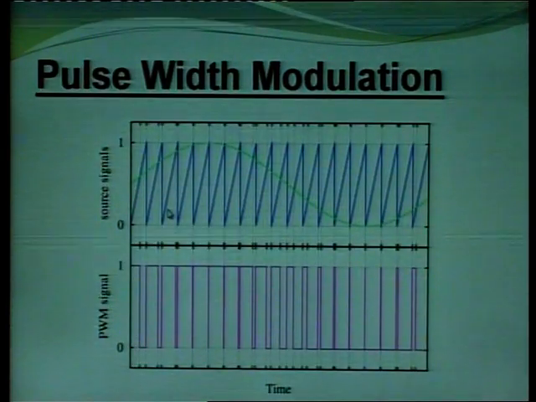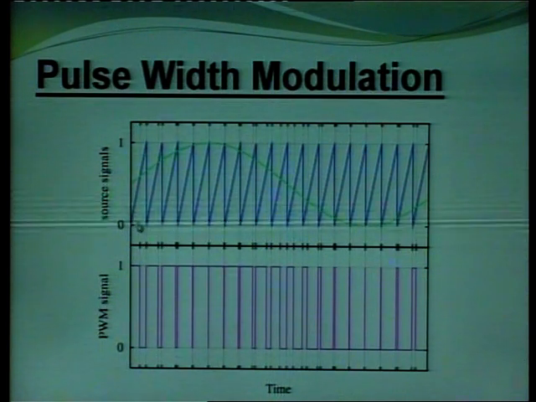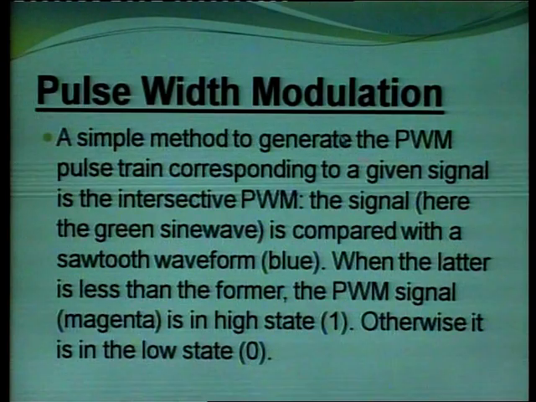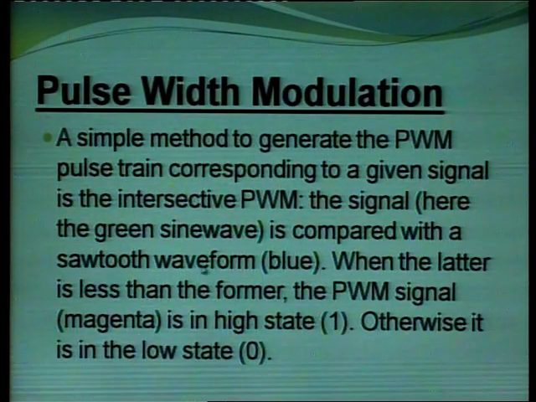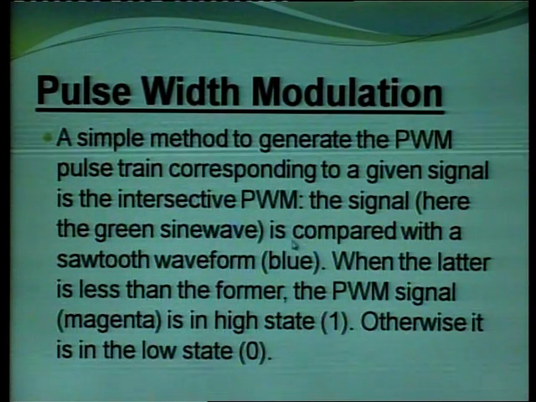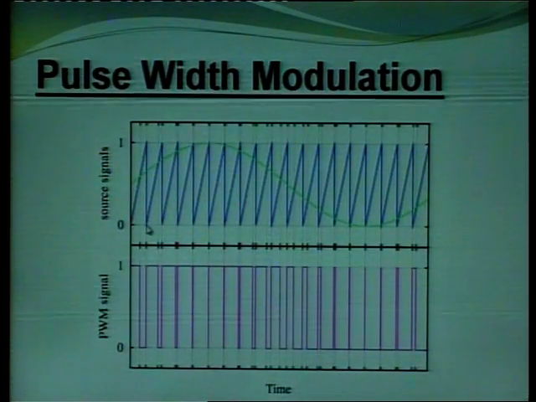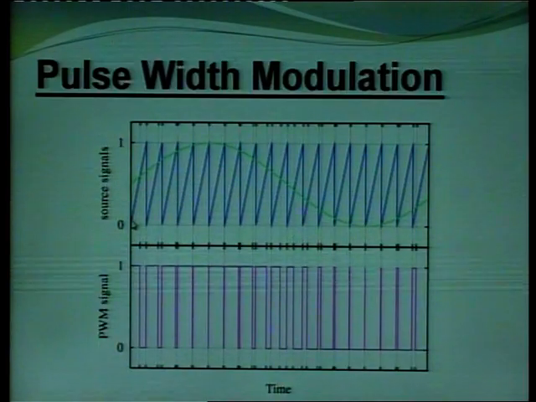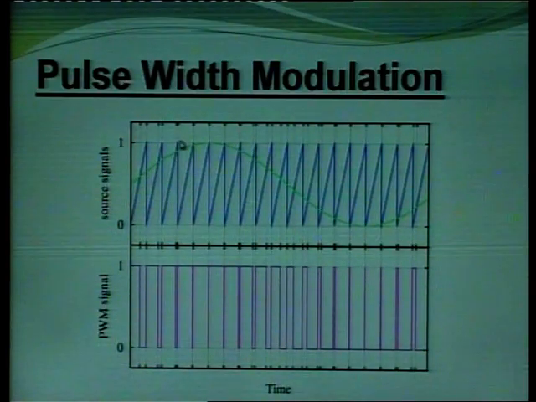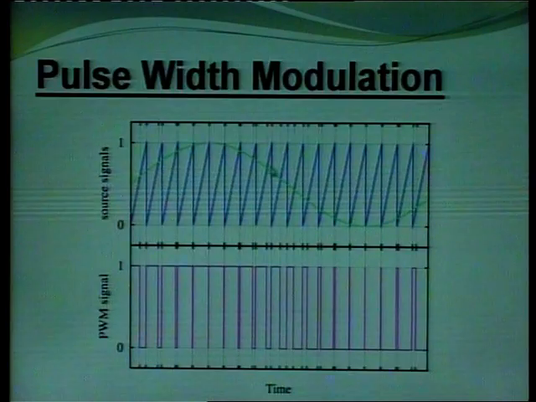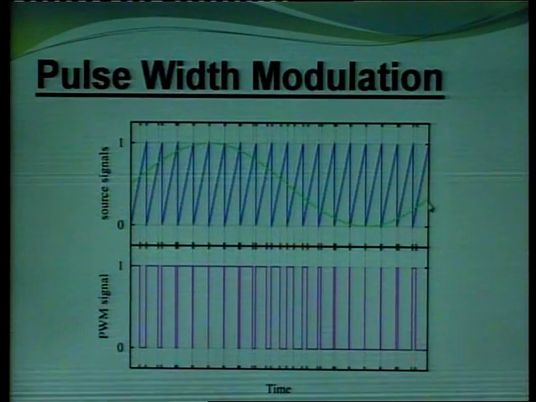Here the diagram shows three signals, including this magenta signal. The green wave shows the modulating signal, whereas this blue wave shows the carrier signal. The carrier signal is in the form of a sawtooth waveform, whereas this green signal shows the modulating signal.